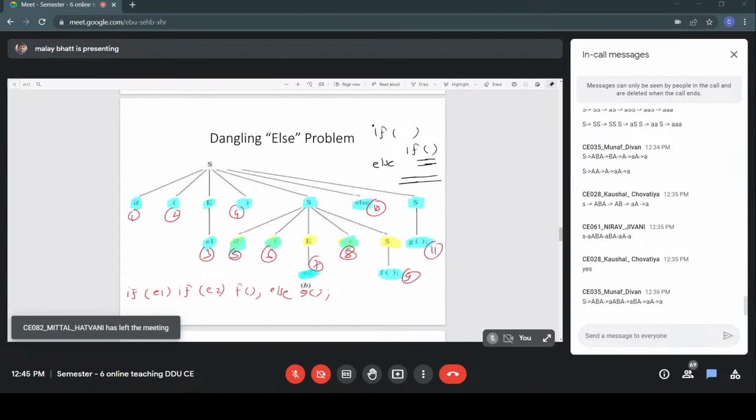That you will learn in compiler construction or maybe in advanced compiler construction. So we'll just focus that it is an ambiguous grammar which is of no use in any programming language, and it will generate more than one leftmost derivation tree for any one string. If you are getting more than one leftmost derivation for any one string of the language, it is an ambiguous grammar. And the best example of that ambiguous grammar is the if-else grammar.